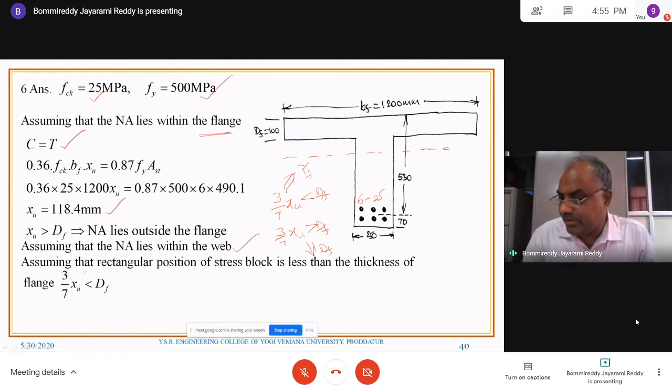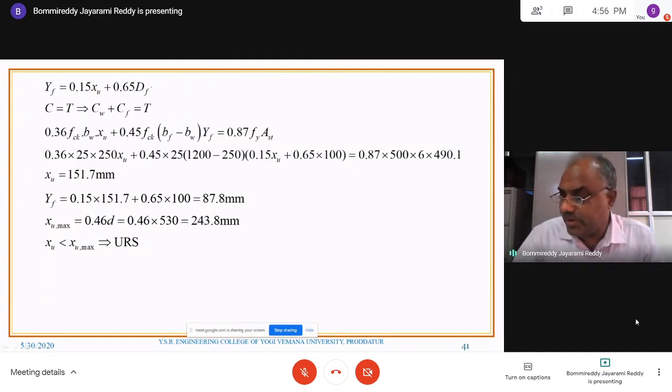And here we are assuming that the rectangular portion of the stress block is less than the thickness of the flange. When it is less than the thickness of the flange, you have to use the YF value. So what is the YF value? YF equals 0.15 XU plus 0.65 DF. And ultimately for the depth of the neutral axis, the compressive resistance of the web plus the compressive resistance of the flange equals T. So you know this is one equation, it's another equation, and it is equal to tension.